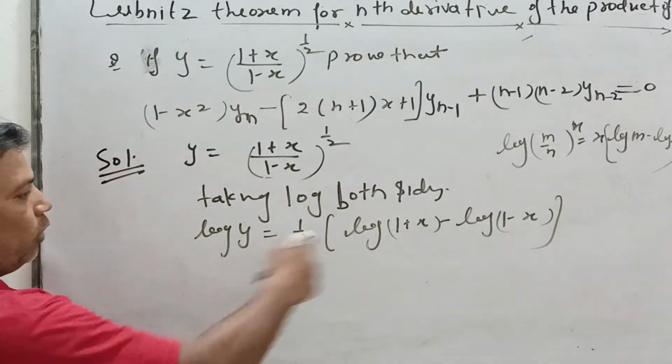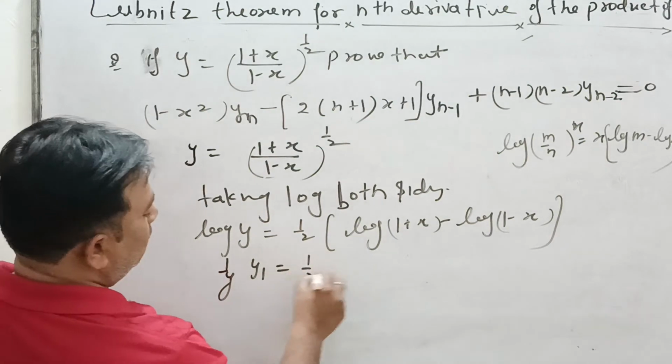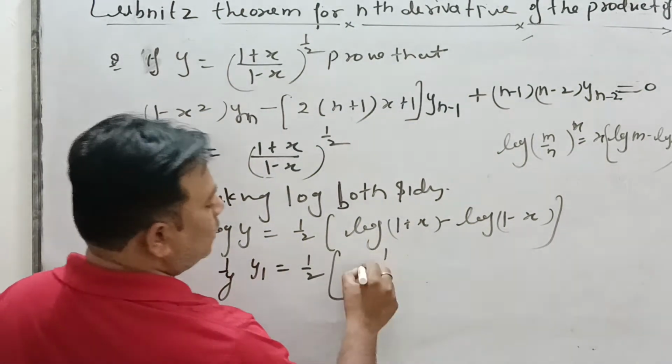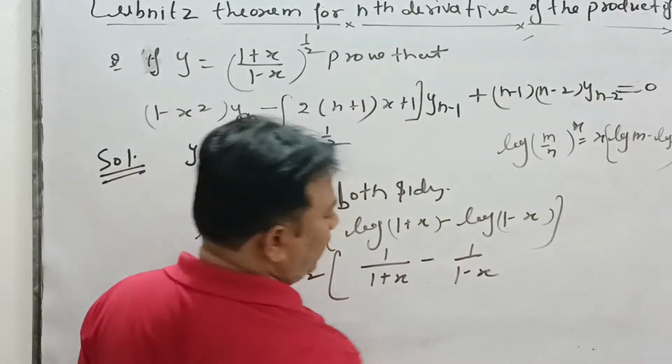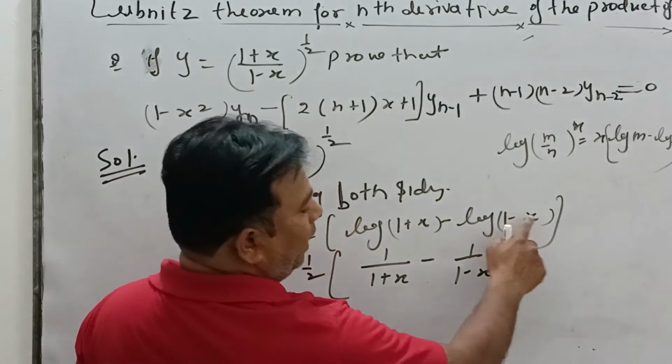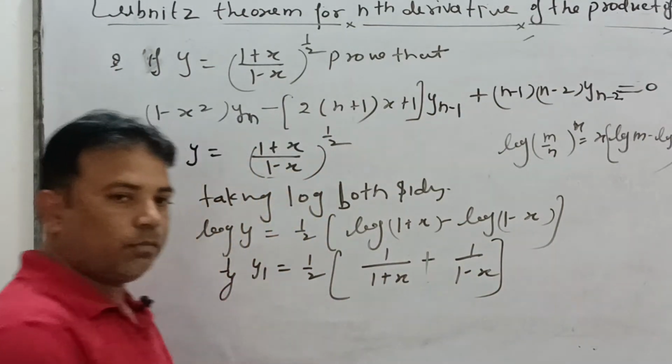We differentiate this function with respect to x: 1 upon y into y1 equals 1 by 2 times (1 upon 1 plus x minus 1 upon 1 minus x, but the derivative of 1 minus x is minus 1, so this is plus).